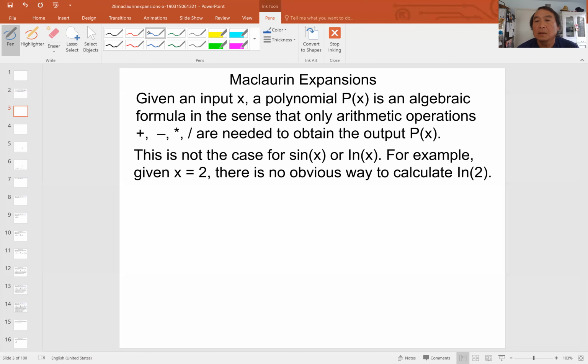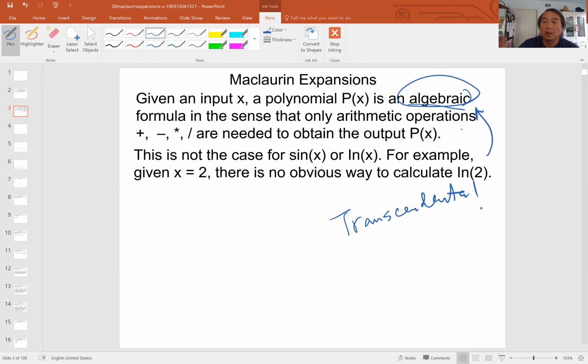These types of functions we call transcendental, versus algebraic. Transcendental in the dictionary means non-physical, a kind of religious connotation.